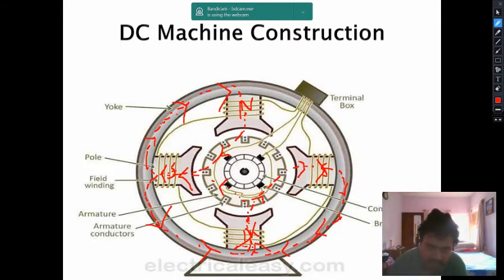And what about pole D and pole A? Here it will originate like this, enter the south, the yoke will provide the return path, and will terminate like this. So this will be the path.